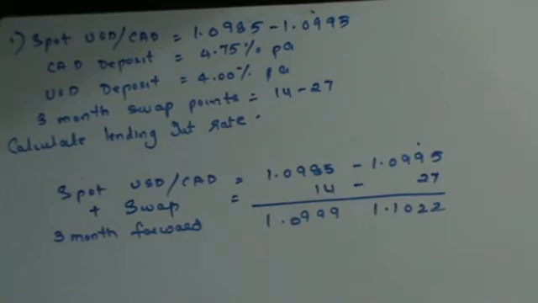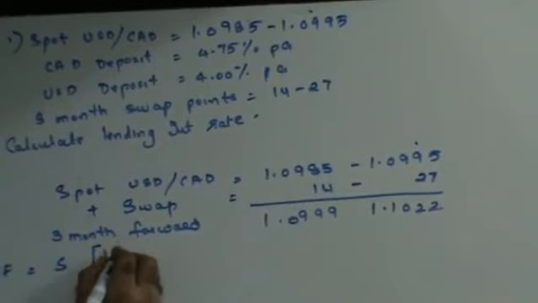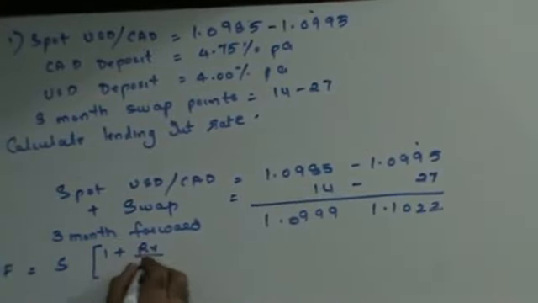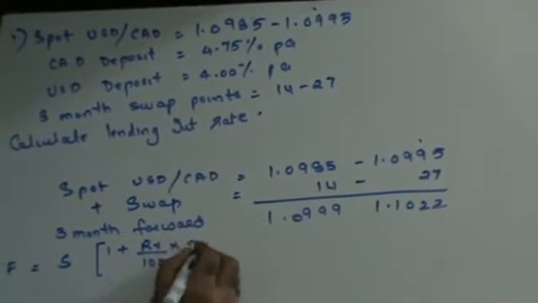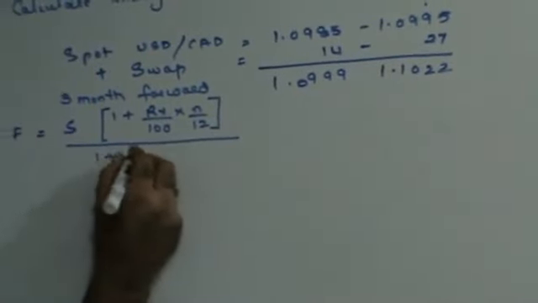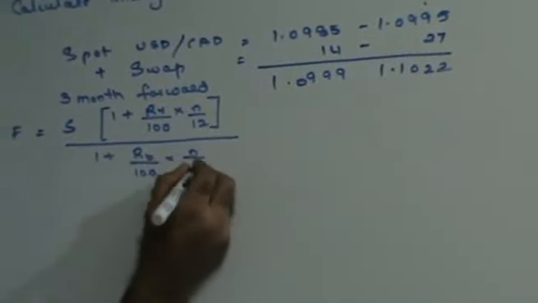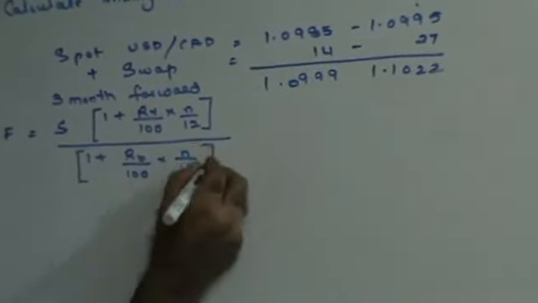Once I know my 3 months forward rate, then I can use my formula of forward. Forward is nothing but spot into 1 plus rate of interest of variable currency upon 100 into n by 12, upon 1 plus rate of interest of base currency upon 100 into n by 12. Now the question is, what do I need to find out?